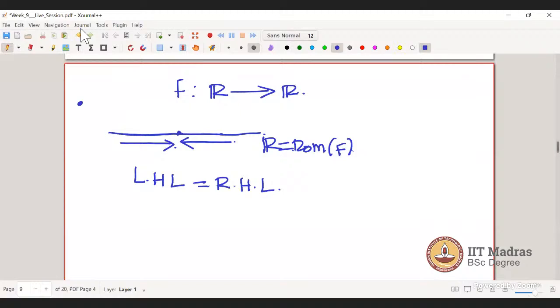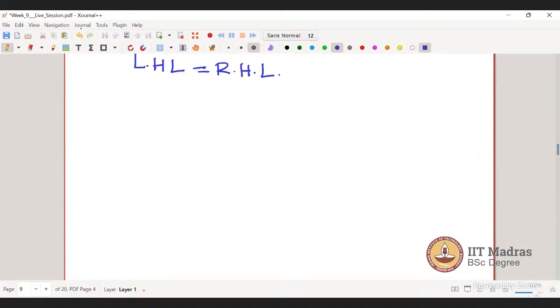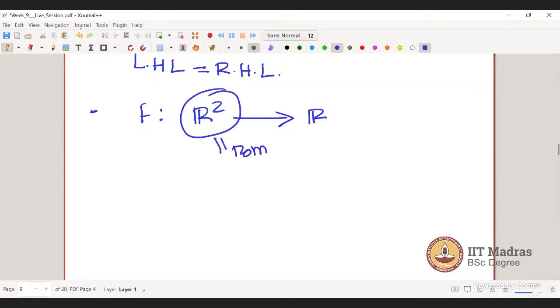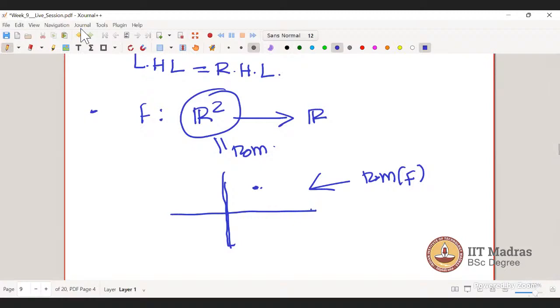The problem occurs when you have a function from R2 to R. Now the domain is R square, which means you have a plane. If you have a point here, we don't have the concept of a left hand limit and right hand limit.